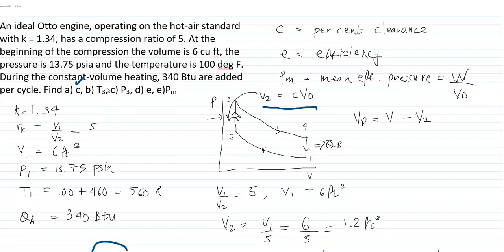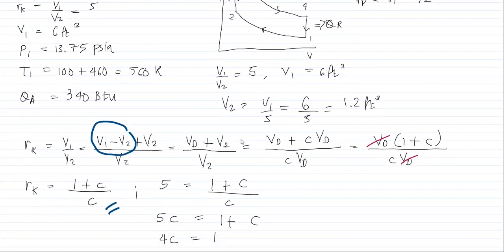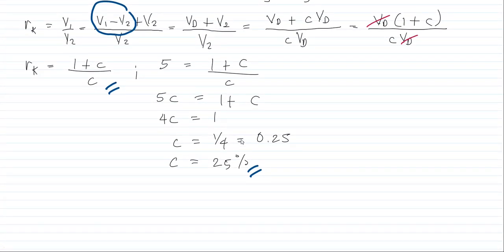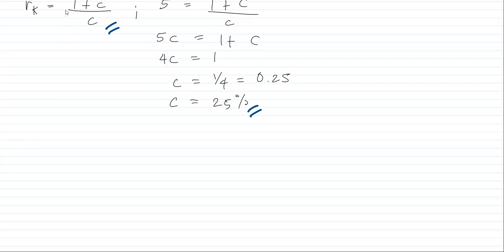So letter A is already known. Check. So B is T3 and P3. Okay? So here, we are now considering this point. So from point 2 to 3, remember that this is isometric process. So let us recall our isometric formulas. Okay?